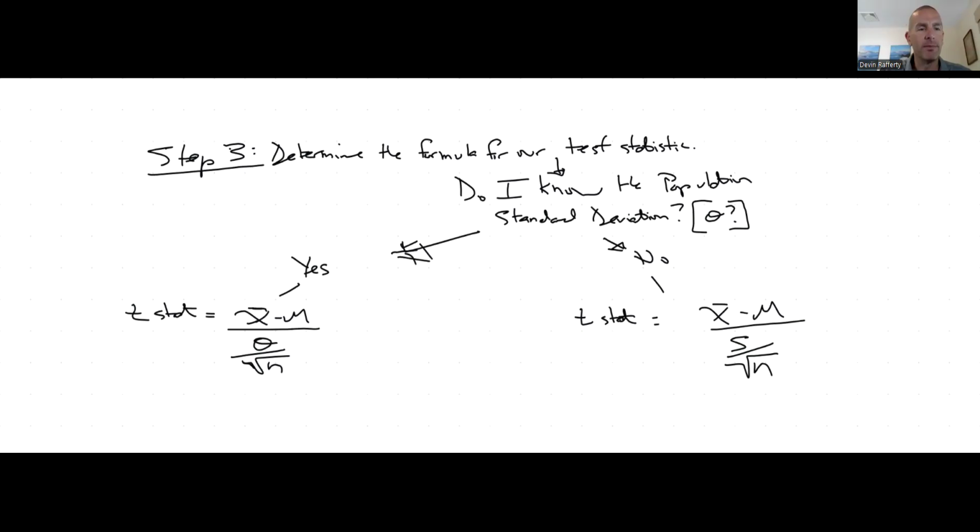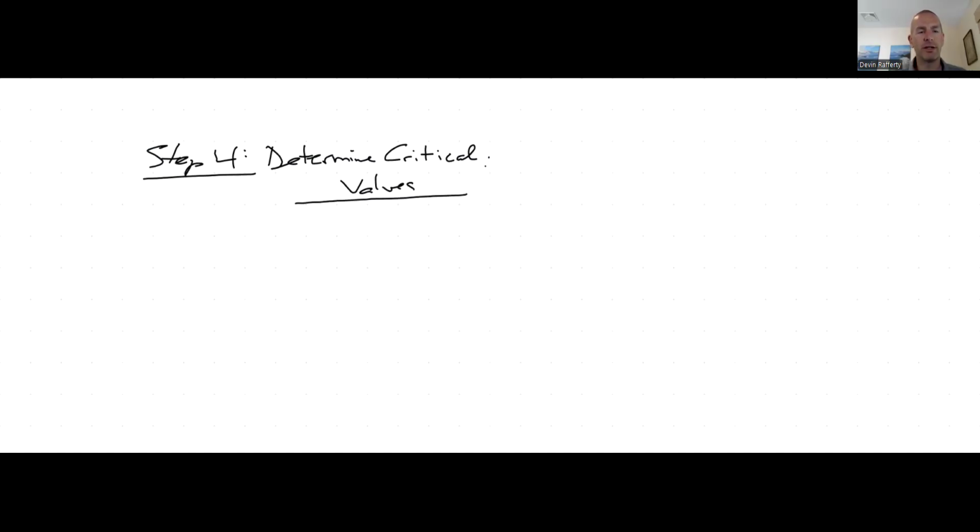Step 4 is determine your critical values. In order to determine our critical values, we need 3 things.